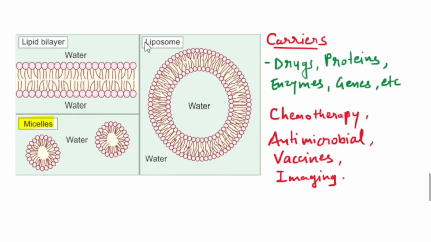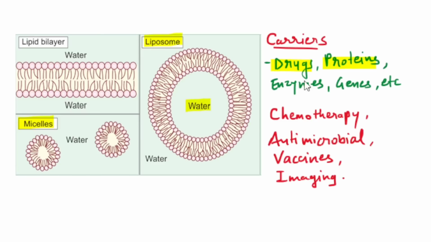The right side image is of a liposome. Liposomes are microscopic spherical particles prepared by sonication of a mixture of phospholipids and cholesterol. Phospholipids form a bilayer enclosing some water.